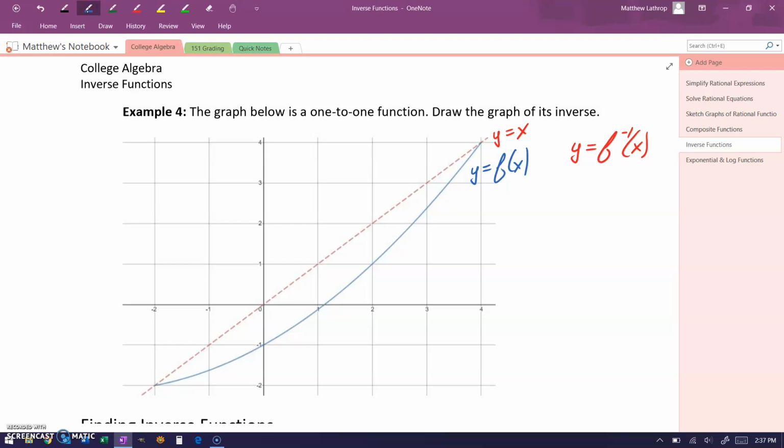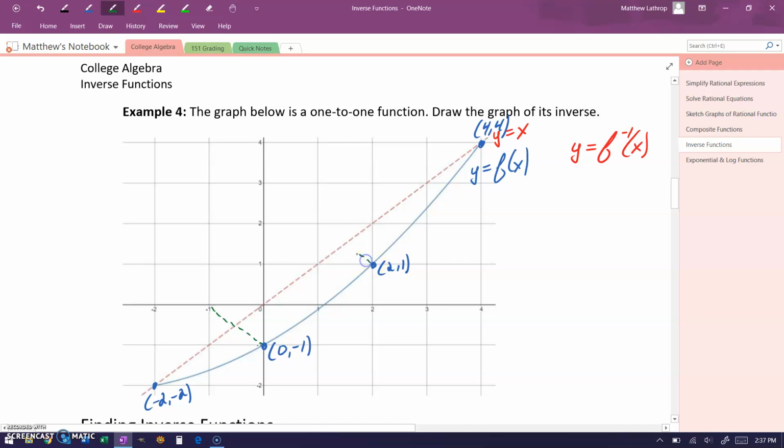For instance, our curve f of x passes through the points -2, -2, 0, -1, 2, 1, and 4, 4. If we were to reflect each of those points across this line y equals x, the points at the left and right end would stay right where they are since they're on that line of reflection.